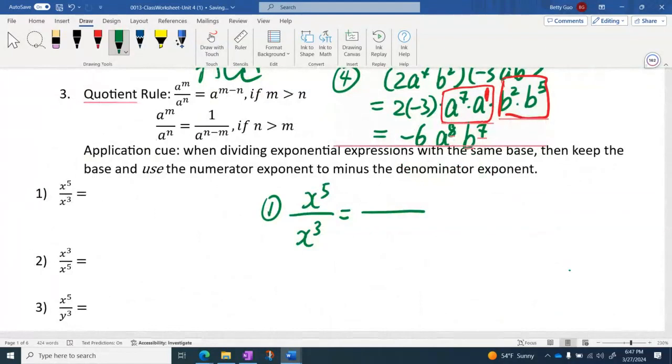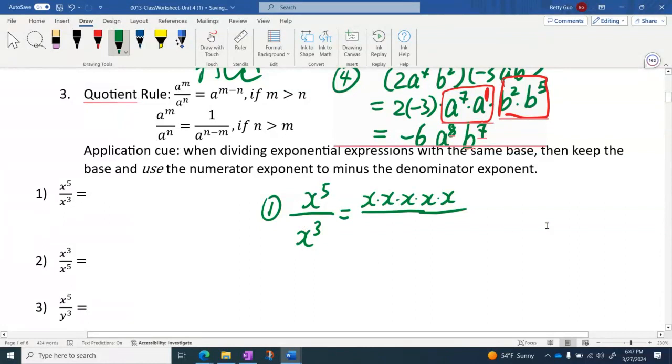X to the power fifth is an exponential expression. It is a repeated multiplication. It is equal to 1, 2, 3, 4, 5 x's multiplied together. That is the numerator. The denominator is x cubed. The exponent is 3. It is an exponential expression.